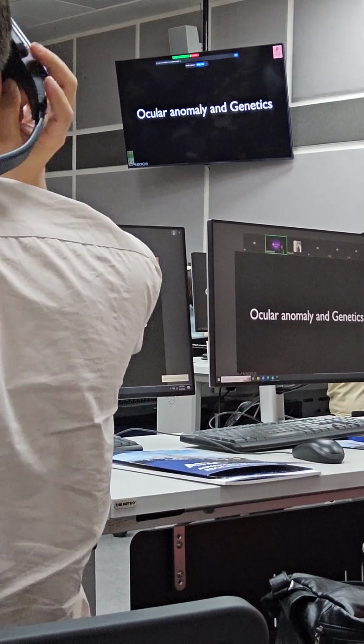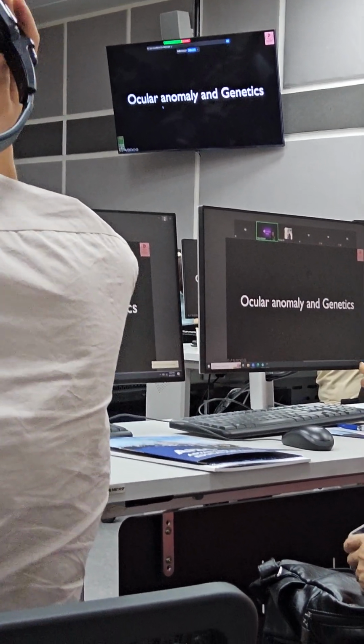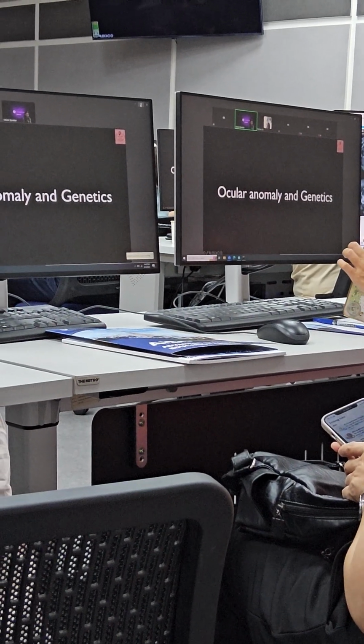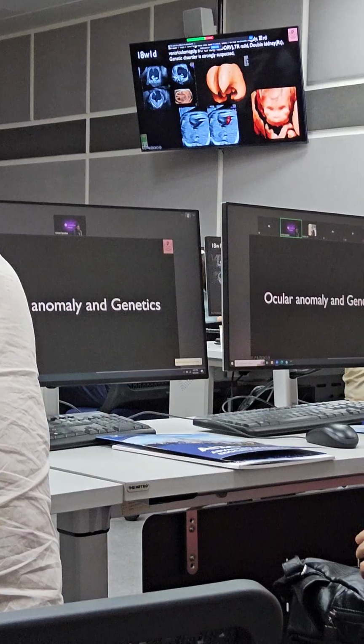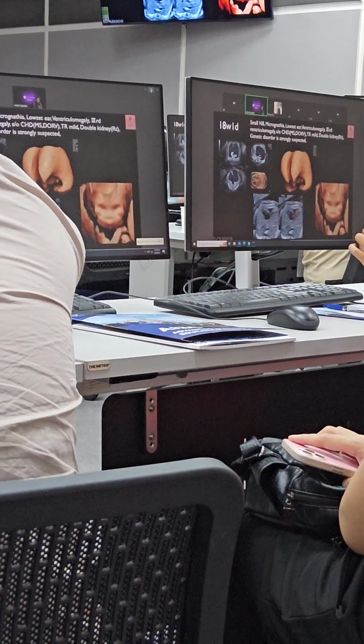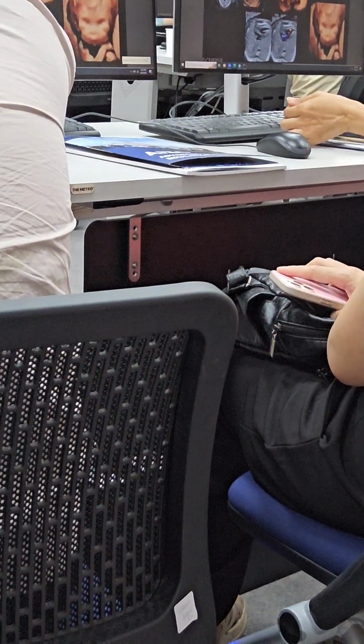Now, almost the last, this is the case, an eye anomaly and the genetics. Here, this is the case. At 18 weeks of gestation, a small newborn with micrognathia, mild ventriculomegaly.